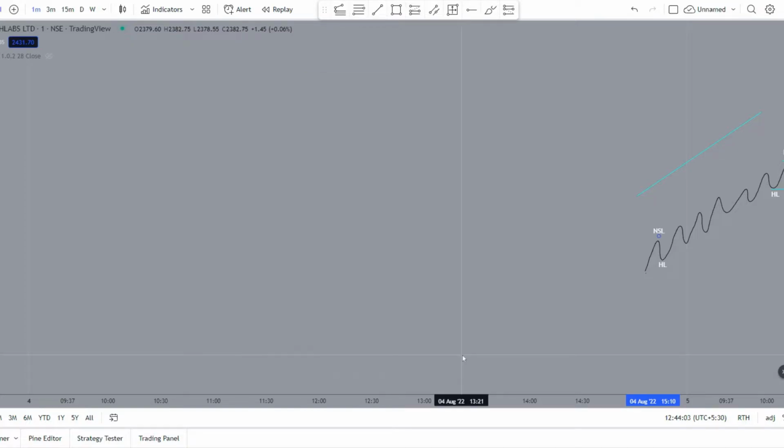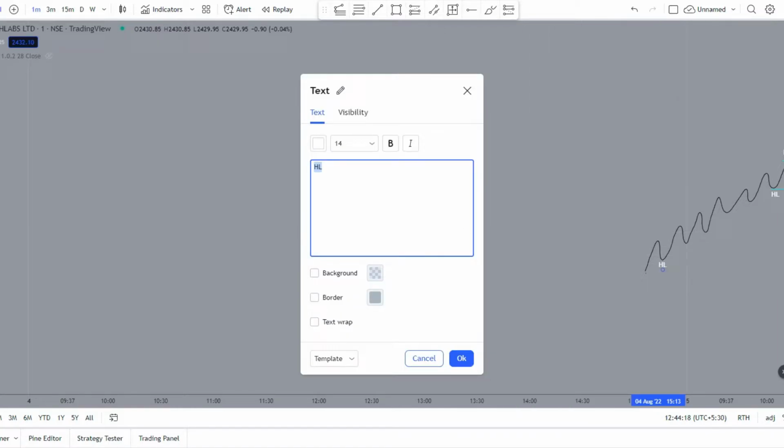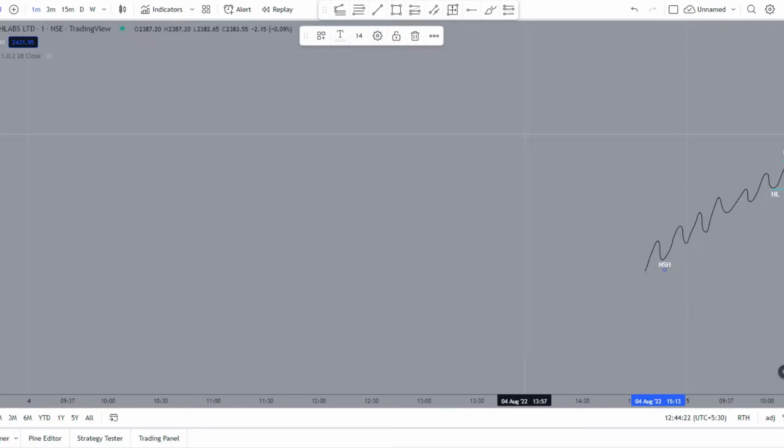So what will happen? We will call this low a new structure low. In the same way, whatever high will be created the first time after violating a lower trend will be called a new structure high. For example, suppose the trend to the left was something like this. You see, like this.